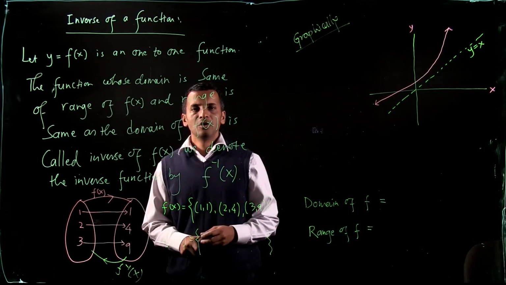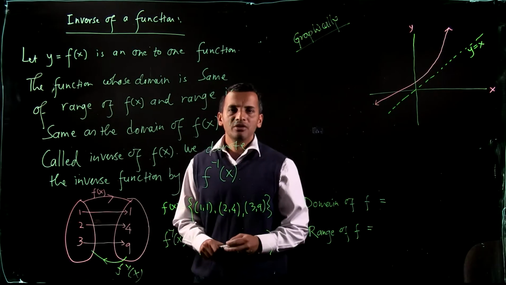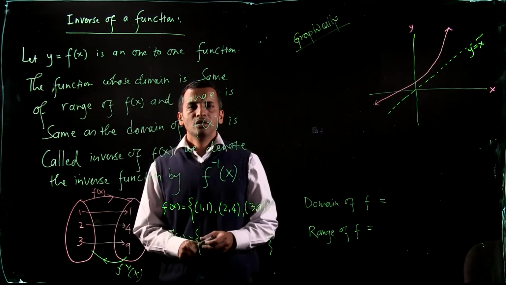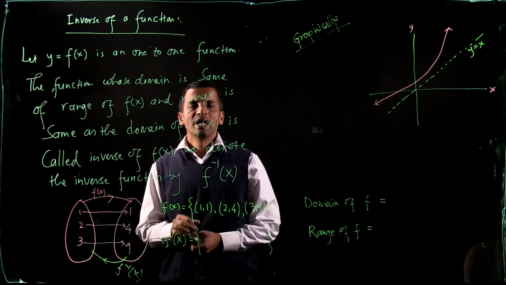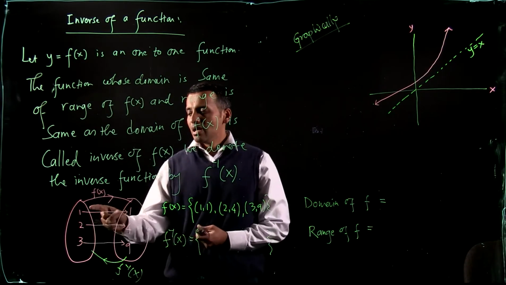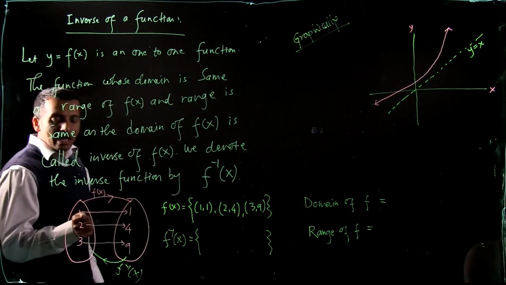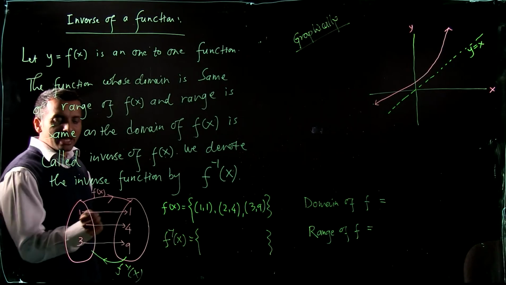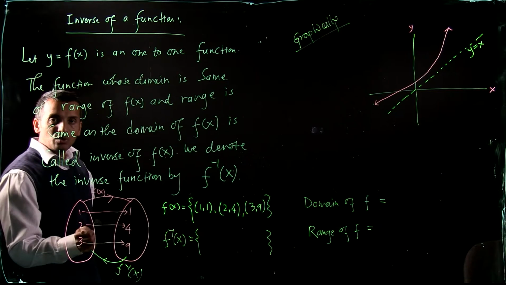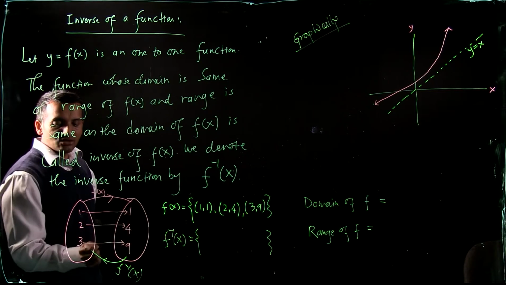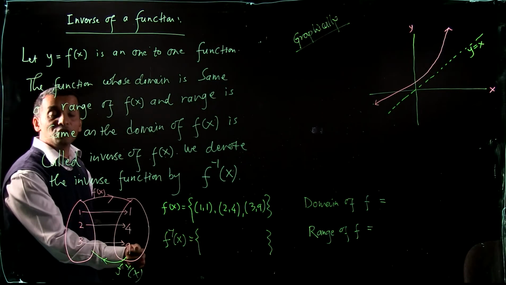Hi, in this video I'm going to talk about the inverse of a function. Suppose a function is 1 to 1. What does that mean? That means an element in the domain has only one pair in the range. That 2 has only one pair and 3 has only one pair in the range.